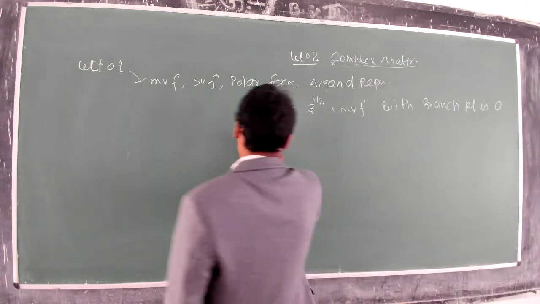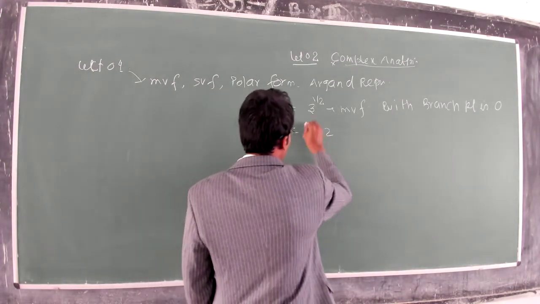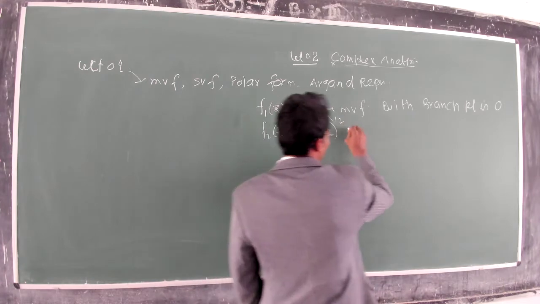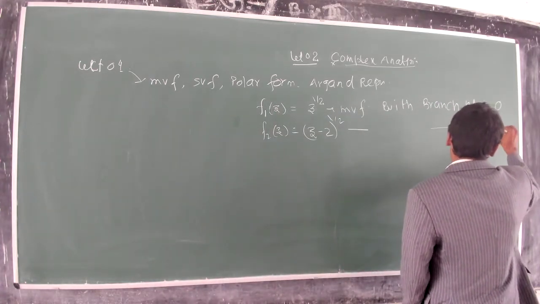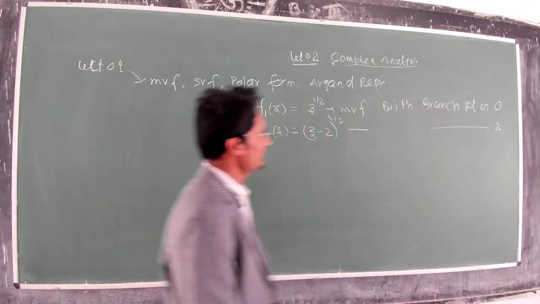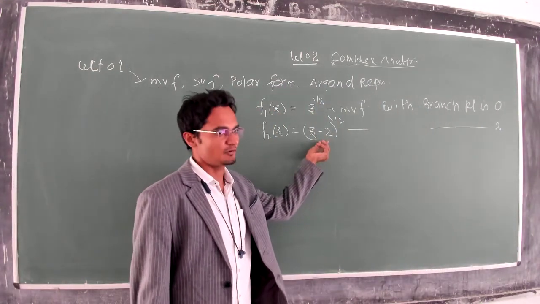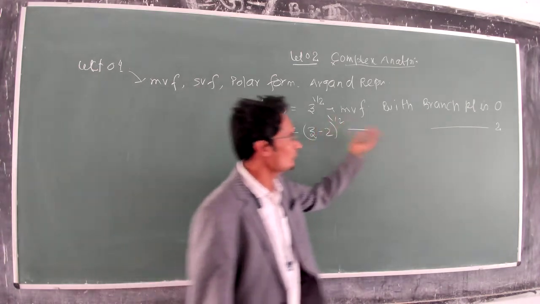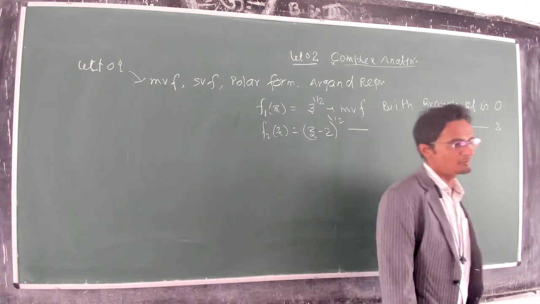And another example was f2(z) equal to (z minus 2) to the power half, also a multiple function with branch point 2. Meaning, the moment we started rotating around z equal to 2, we got two values when we rotate 2 pi in the counterclockwise.